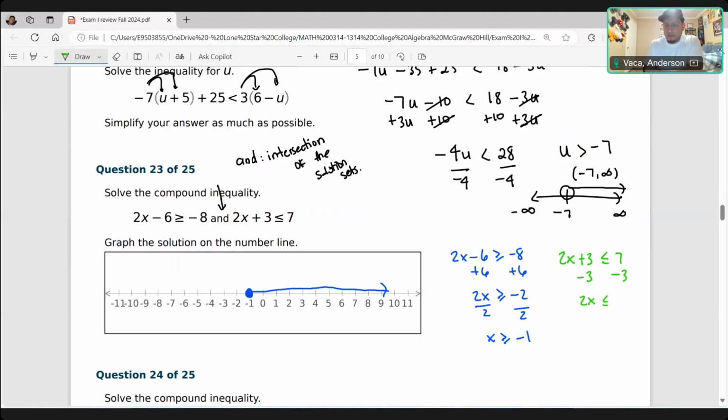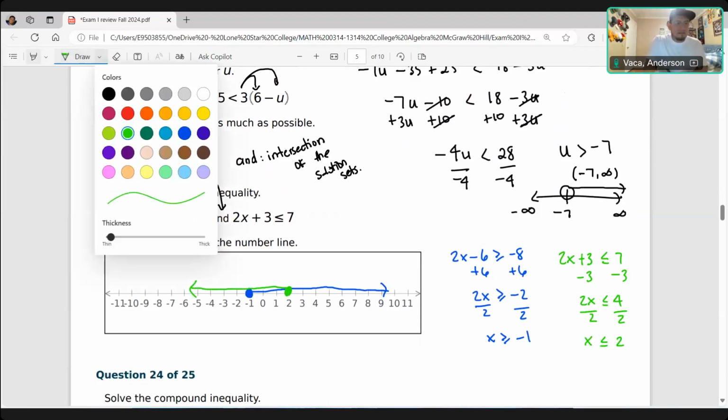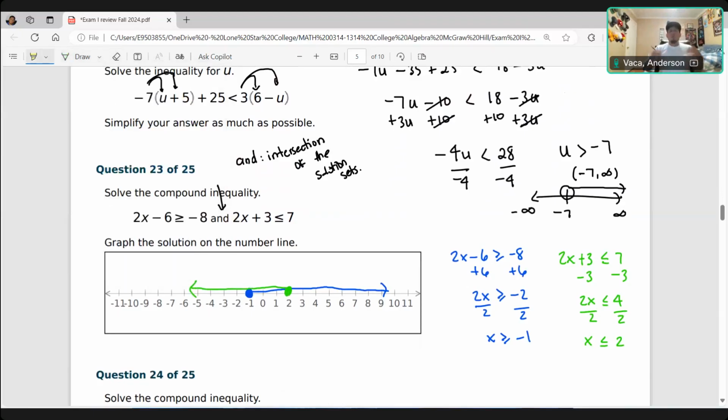Again, minus 3, divided by 2. X is less than or equal to 2. What does that look like? Filled-in circle, everything to the left. So my question is, let me use a highlighter instead. Where do we find an intersection of these solution sets?